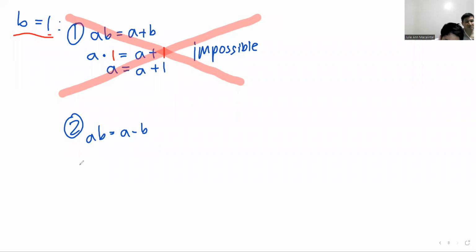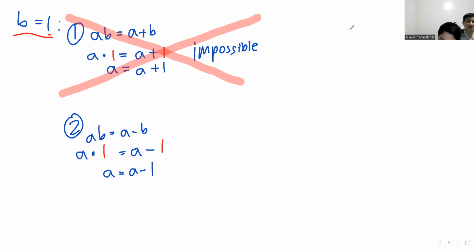So now maybe you're also thinking what happens here. I'm pretty sure you already know that this will also end up with an impossible case again. We just switch signs. Now it is claiming that A is equal to A minus 1. And earlier we just saw that A cannot be equal to A plus 1.